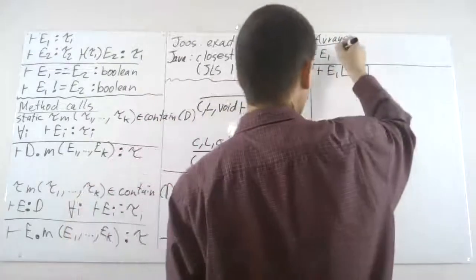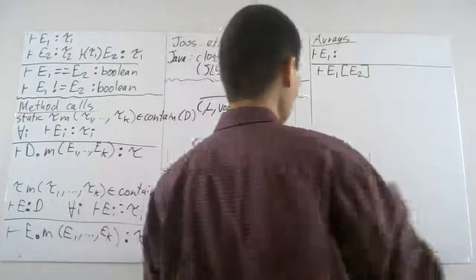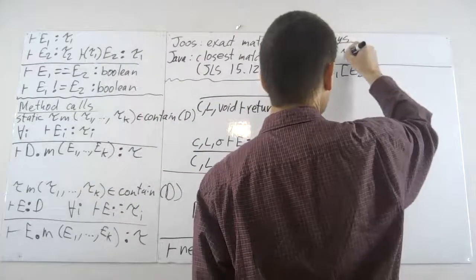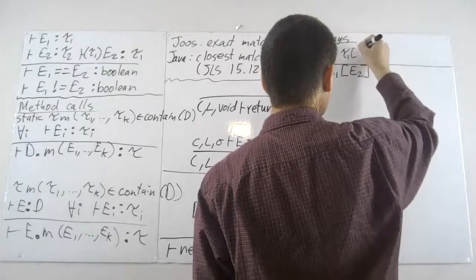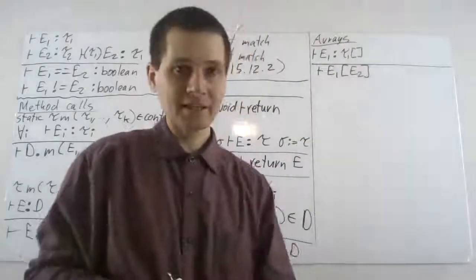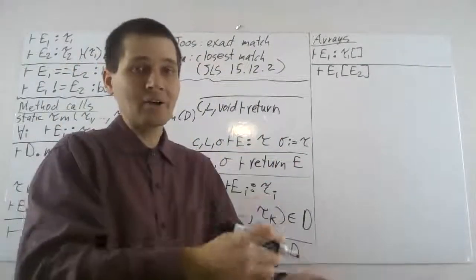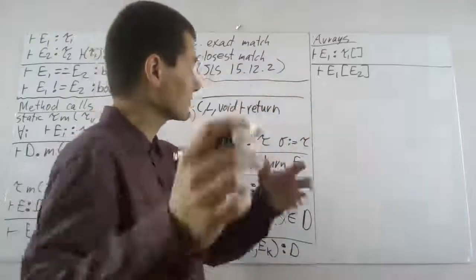As always, we're going to type check both expressions. And now the type of expression one has to be an array type. So I'm going to write this as tau1 with square brackets, to say that the type of E1 has to be an array of something, and that something is tau1.